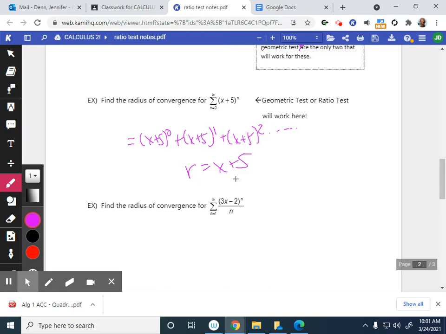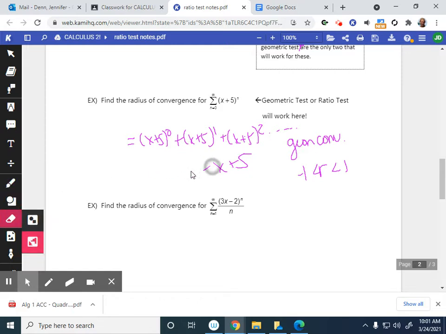Okay, so how do we find the interval of convergence? Well, because this is geometric, I know that a geometric series converges when my multiplier is between 1 and -1. So I'm just going to take that r and force it to be between 1 and -1.